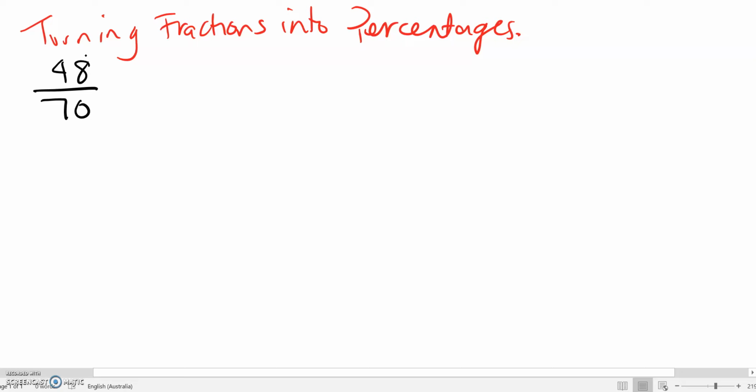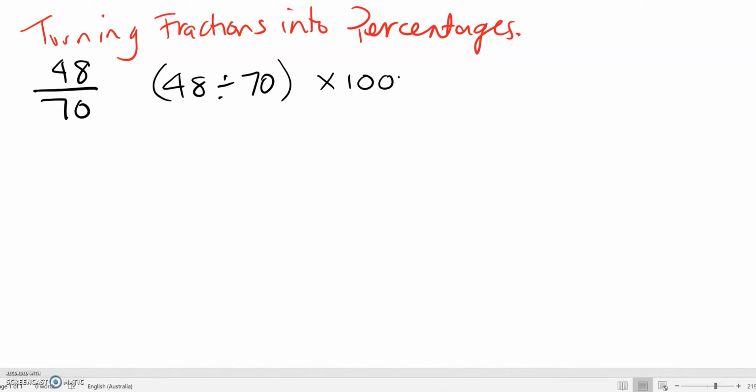Okay, so what we'd look at is rewriting this as 48 divided by 70. That will give us a decimal number, and then we're going to multiply it out by 100 to put it into a percentage. So 48 divided by 70 gives us 0.685.